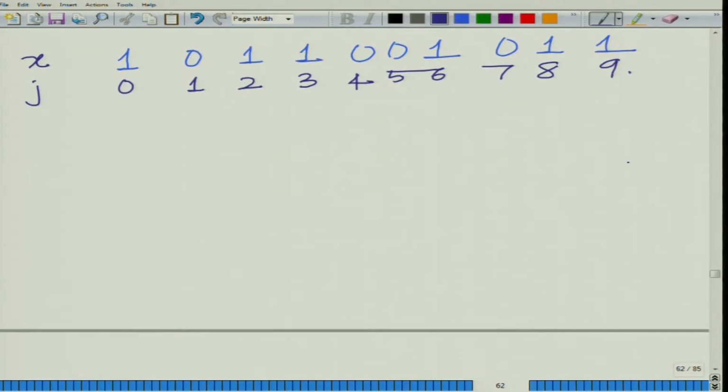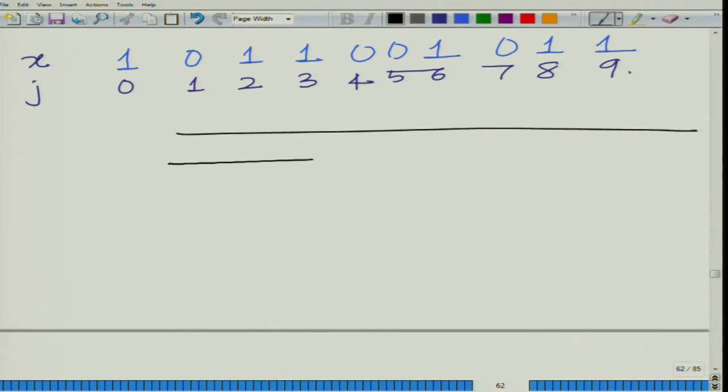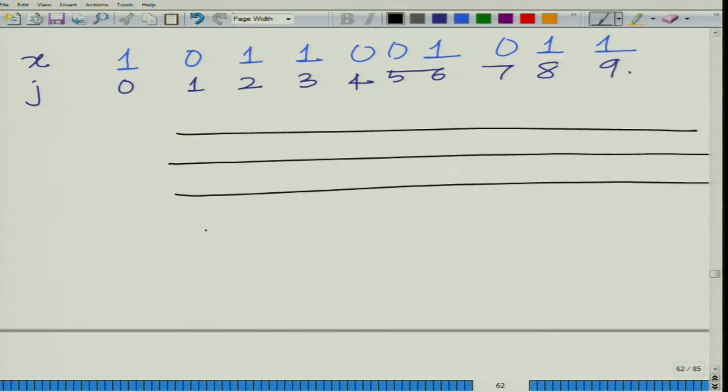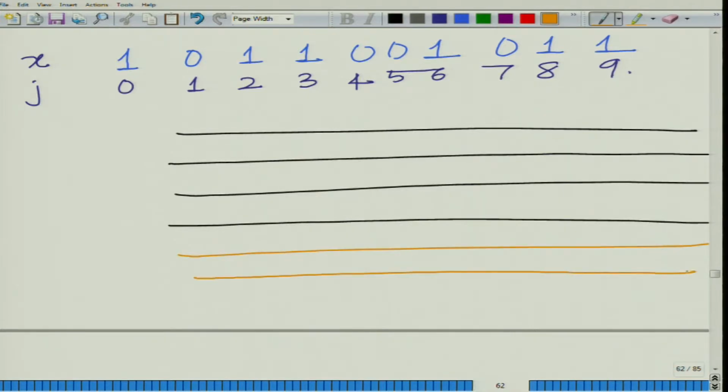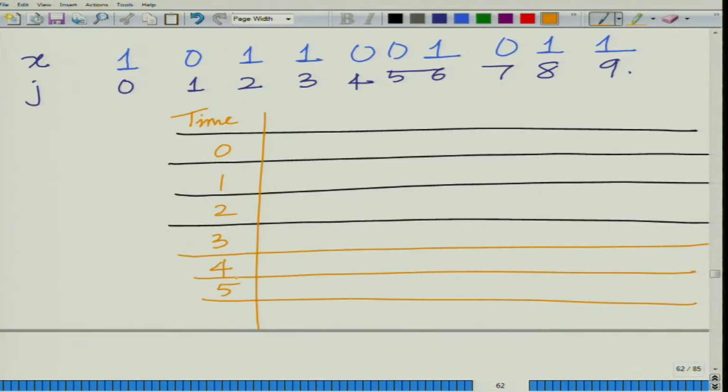Now, let us represent the generated code. So, I am going to draw now a table. It is convenient to think of this as a table, at least initially, correct. Okay. So, let us look at time 0 1 2 3 4 5.